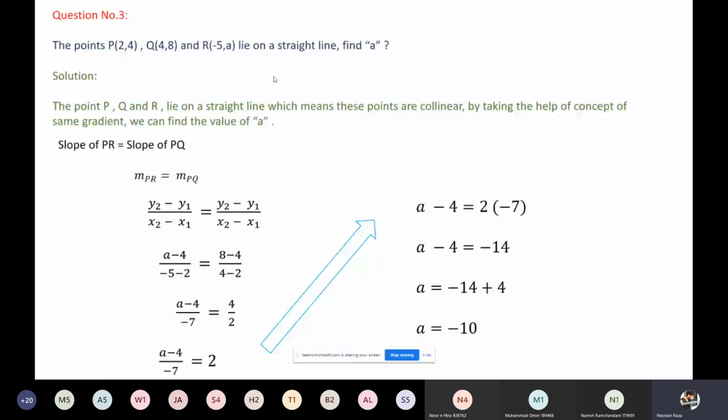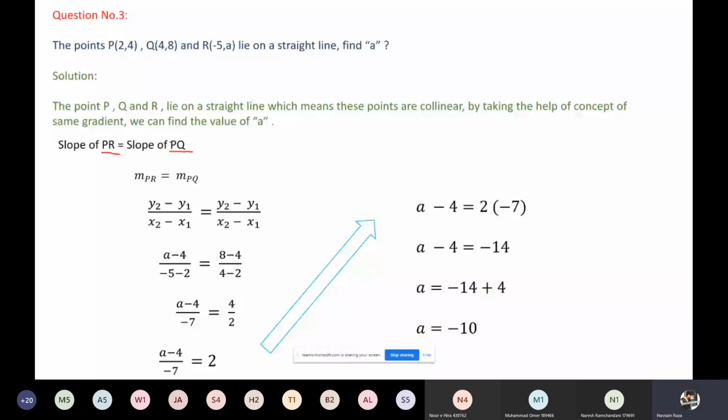So what I have written here: slope of PR, meaning the slope formula applied to the points P and R, and the same slope formula applied to P and Q, the 2 points. We will find they are equal because they are collinear.